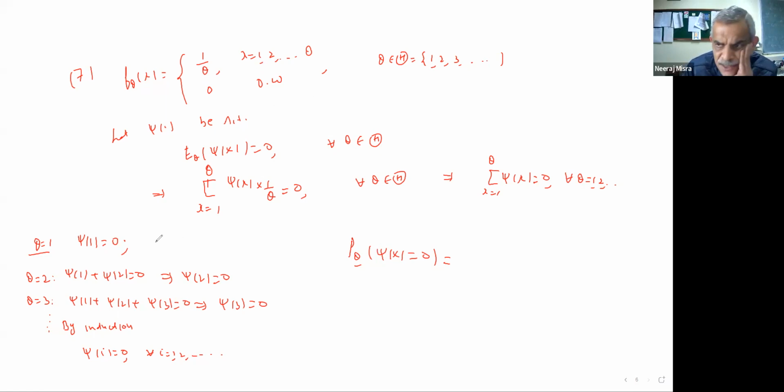But each of them is 0. I have shown that. So this will be 1, whatever theta you take, because I have shown that psi 1, psi 2, psi 3, everything is 0. So in particular, psi 1, psi 2, up to psi theta, for any fixed theta, would be 0. So this proves that psi is complete.